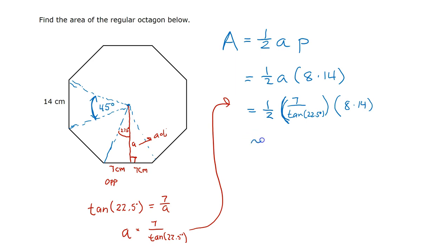And when I compute all of that out, I get approximately, and I didn't work it out yet, so give me 1 second here. About 946.37 square centimeters. So that's how you calculate that one out.